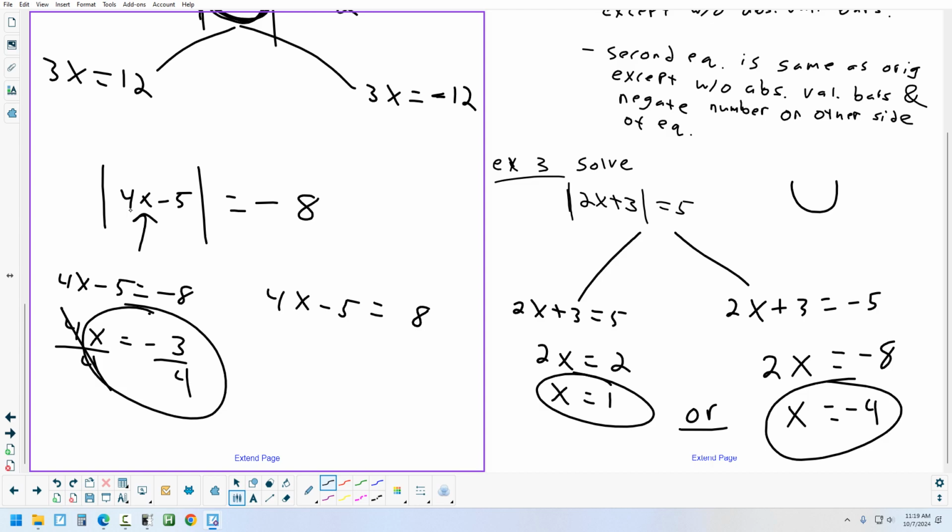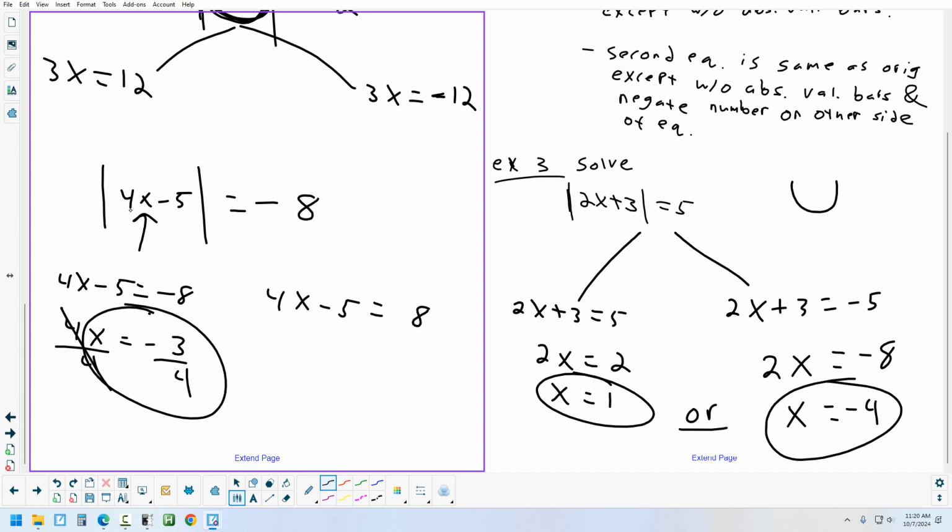Minus 5, well, maybe it's a positive or a negative, but I'm going to take the absolute value of it. Yeah? No solution. This doesn't have a solution. You can't solve absolute value equal to a negative number. You can set it up and you can do it. You'll get answers, but they won't work.